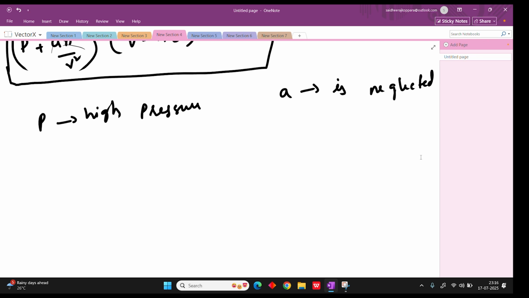See, like if your value of P is, let's assume your pressure is 2 bar and error is 1 bar. Then obviously it is a high error in your pressure.